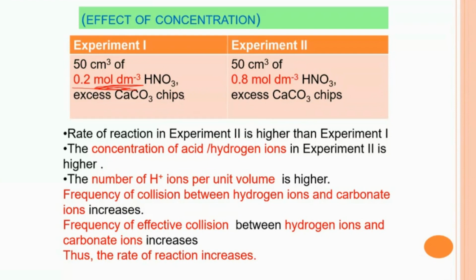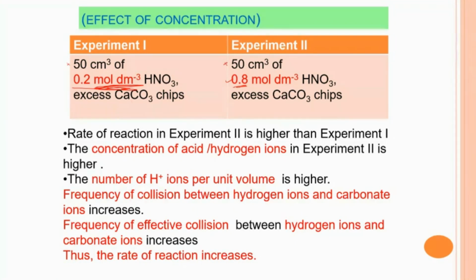Okay. Volume won't affect, so don't be interfered by the volume. So this one is 0.8. So 1 and 2, experiment 2 has a higher rate of reaction. So explain based on the collision theory, right?